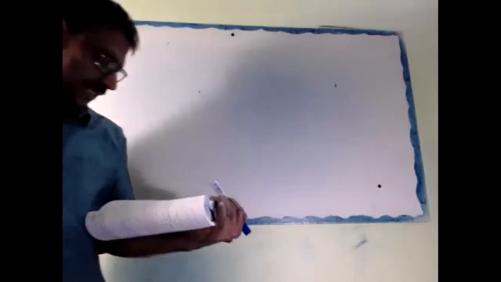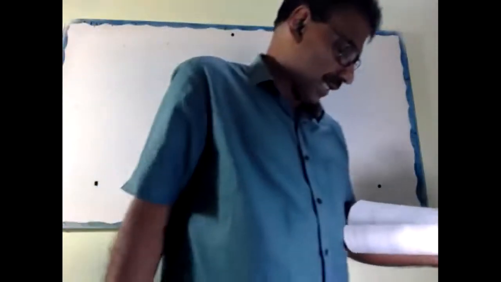Find the surface area and volume of the resulting cuboid.